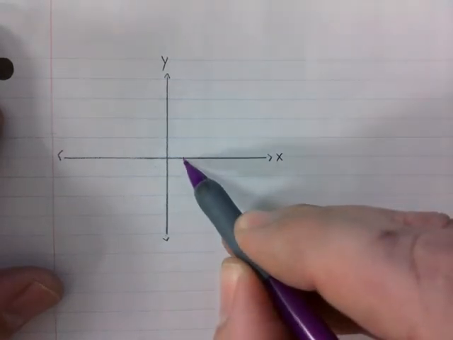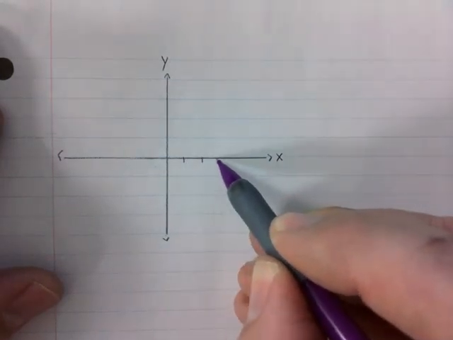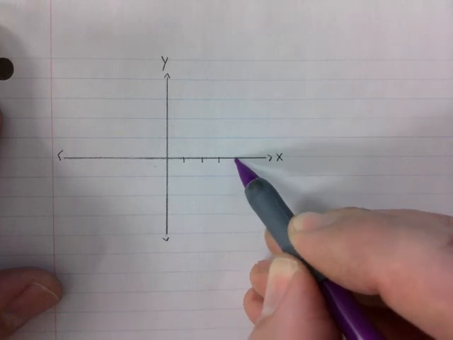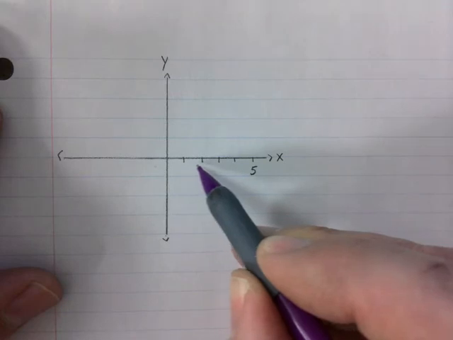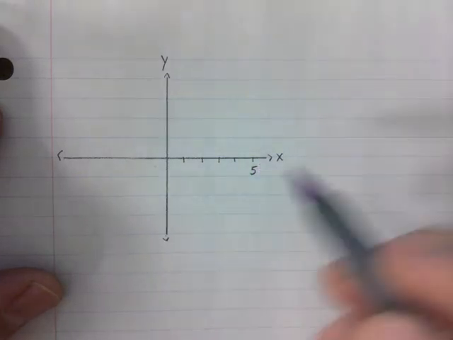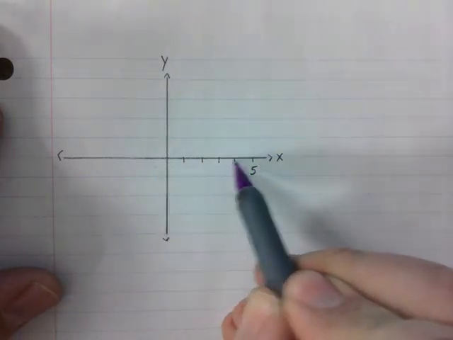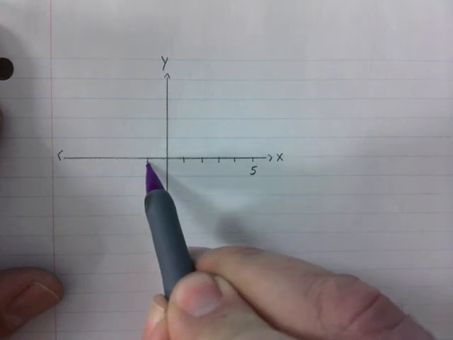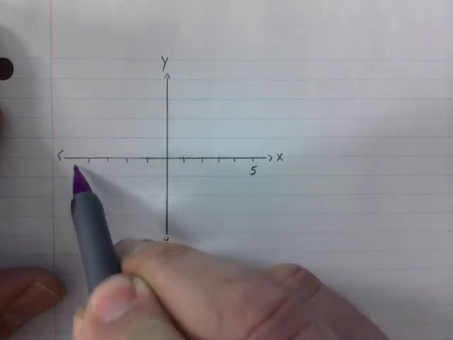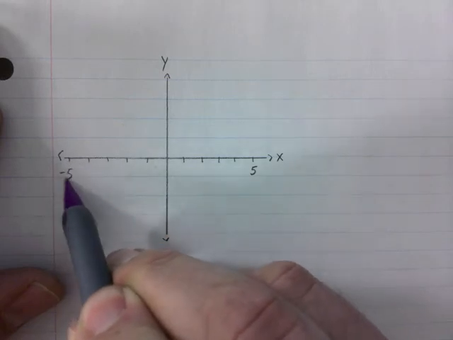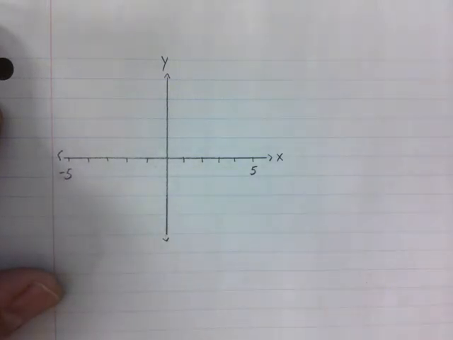So here we go. I'm just going to go 1, 2, 3, 4, 5. For me, I just try to space them out as well as I can, equal spaces, and then you do the same thing to the other side. 1, 2, 3, 4, 5. You're telling me that you're using a scale of 1.